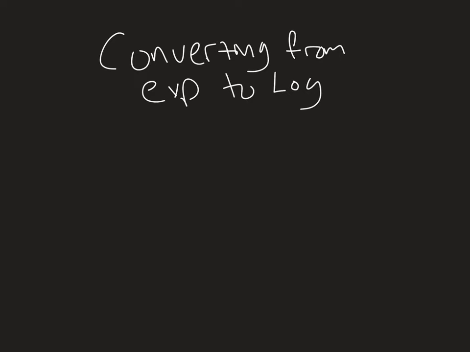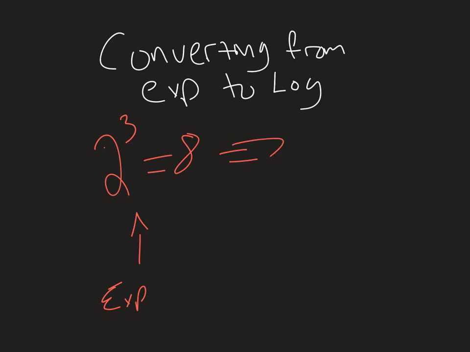So I use an example to help myself determine how to convert. I use the example 2 cubed equals 8. This would essentially be my exponential example. And this is true if and only if log base 2 of 8 is equal to 3.